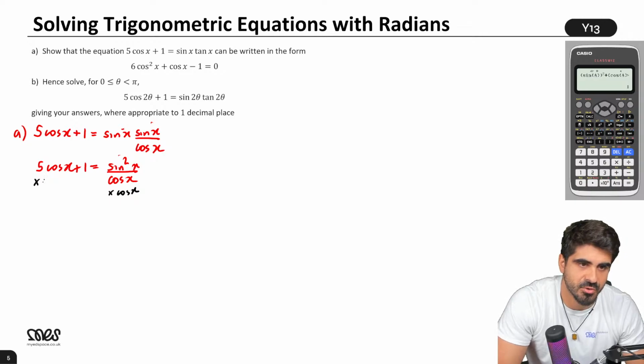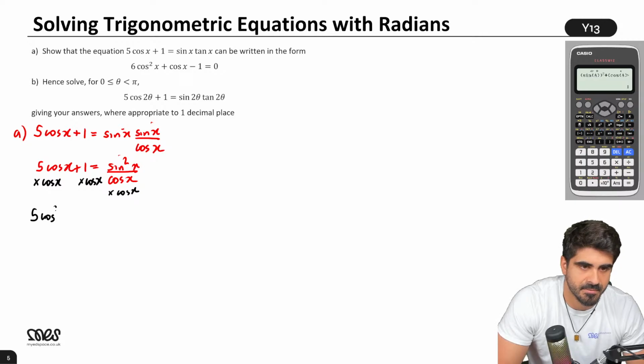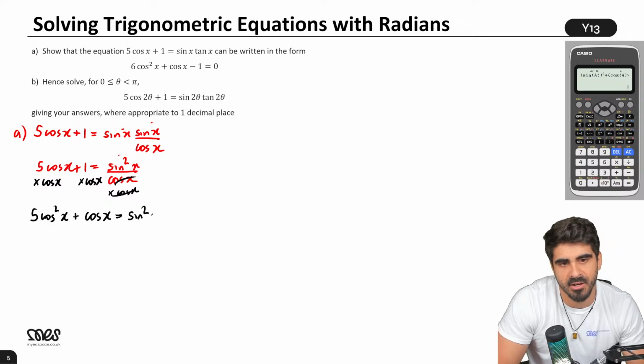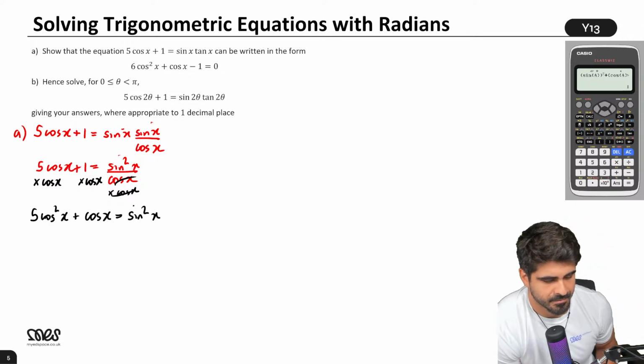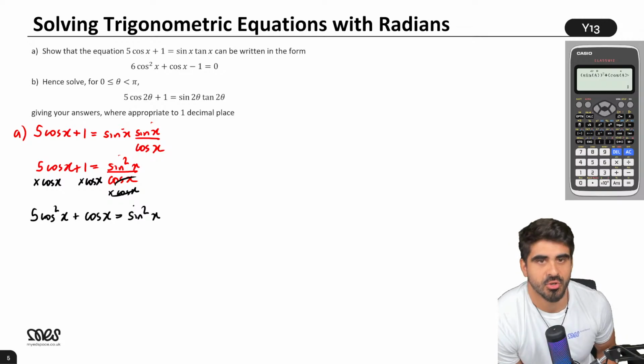Then here we have 2 terms, right? So we have 5 cos squared plus cos. And then this cancels, sine squared. Okay, then what do we do? Now we turn sine squared into 1 minus cos squared.